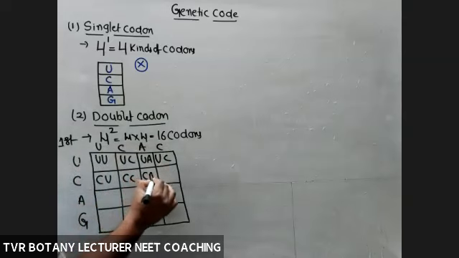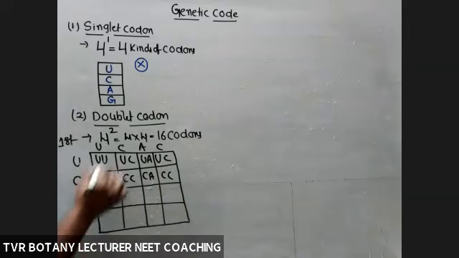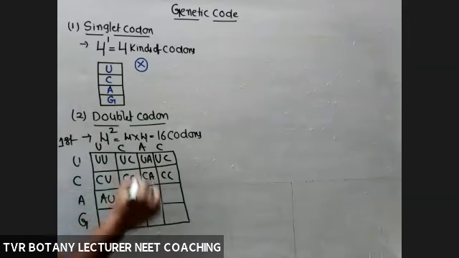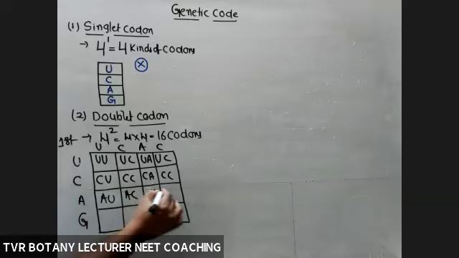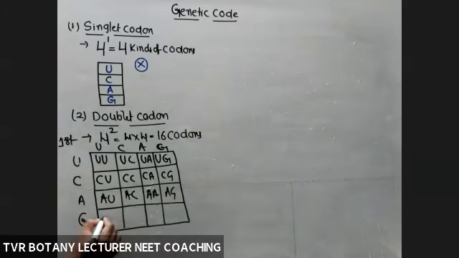C, A, C, C. A, U, A, C, A, A, A, G, combinations, permutations and combinations. UCAG, UCAG. GU, GC, GA, GG.